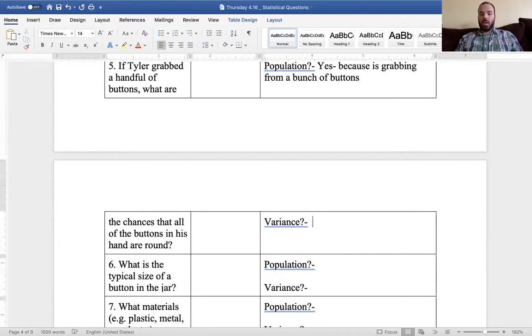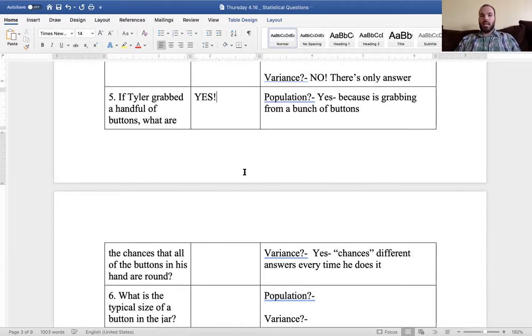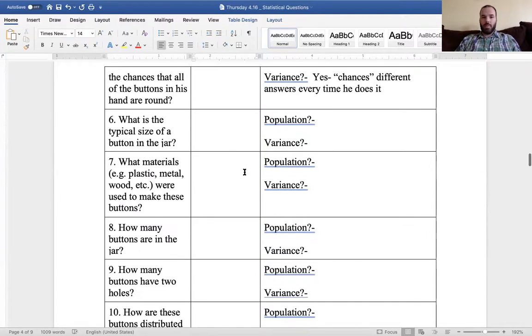Anytime we see the word chances, how many chances are there? We know that it is variance because if he puts his hand in one time, he's going to come up with 12. If he puts his hand another time, he might come up with 13. So there's going to be different answers every time he does it. That means that yes, this is a statistical question for number 5.